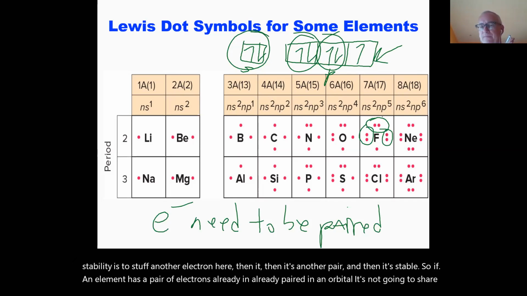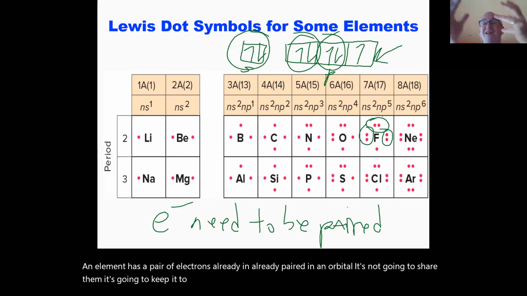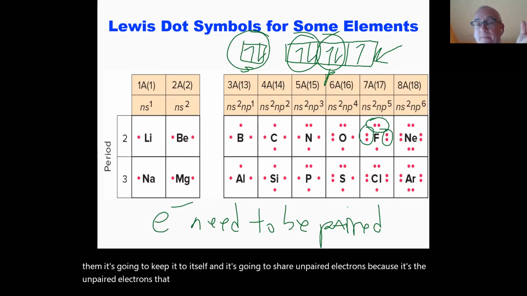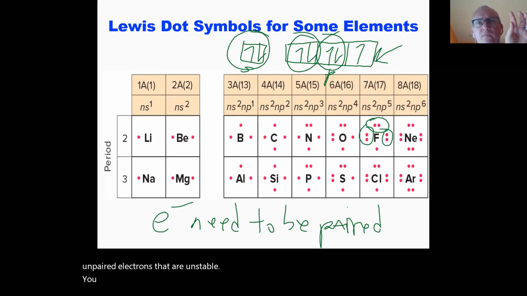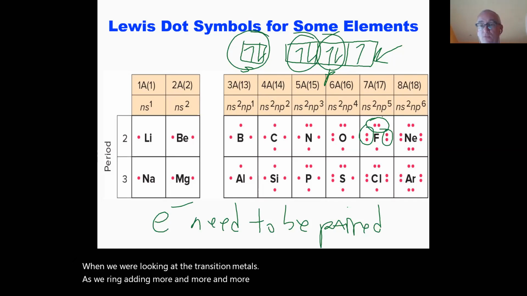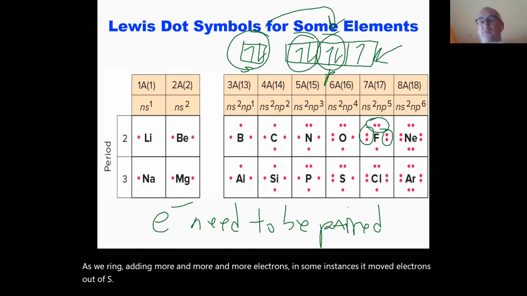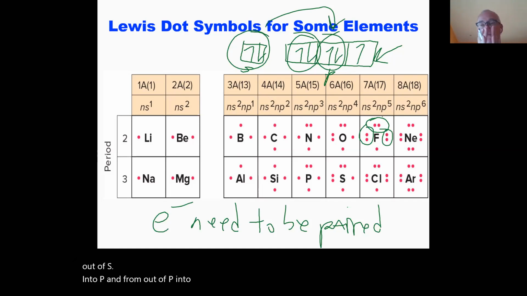It's going to keep it to itself, and it's going to share unpaired electrons because it's the unpaired electrons that are unstable. You remember when we were looking at the transition metals, as we were adding more and more electrons. At some instances, it moved electrons out of S into P, and from out of P into D, just so we could get either half-filled or fully filled orbitals, because that is more stable.